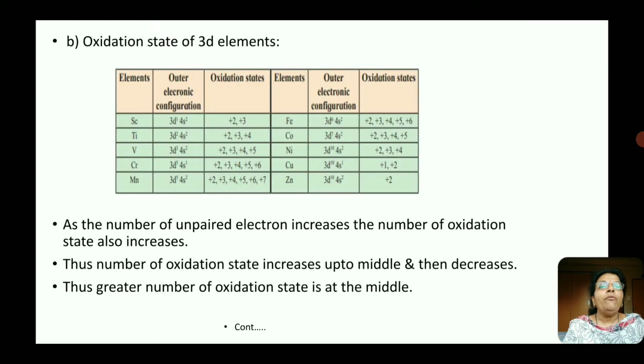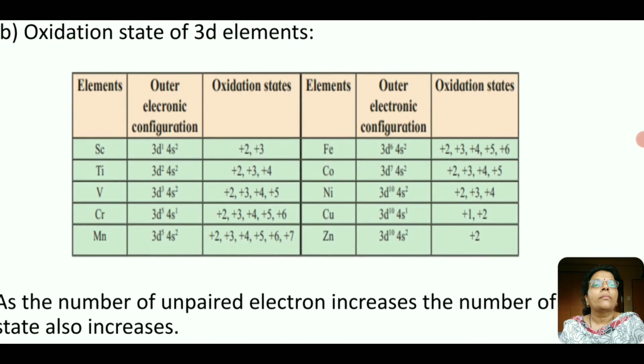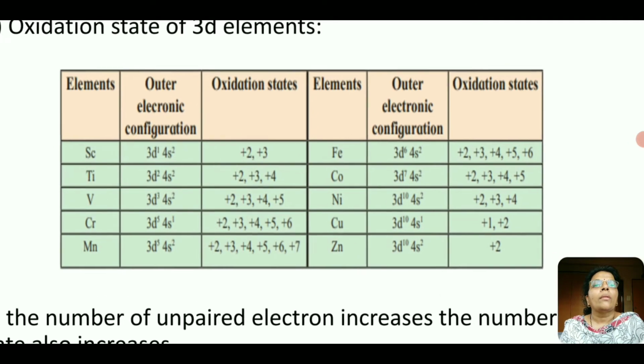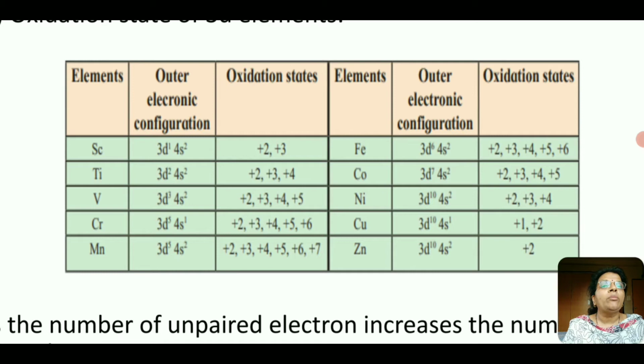Now we are going to see oxidation states of 3d series elements. This chart gives the detailed explanation of oxidation states of 3d series elements. Now the valence electronic configuration of scandium is 3d1 4s2. Therefore, the oxidation states of scandium are +2 and +3.